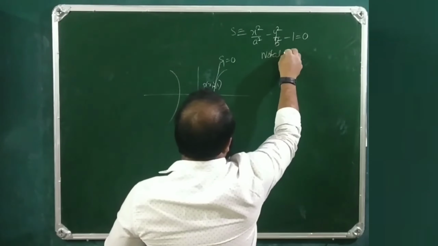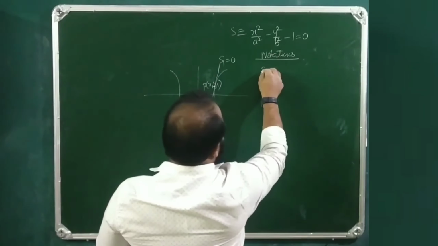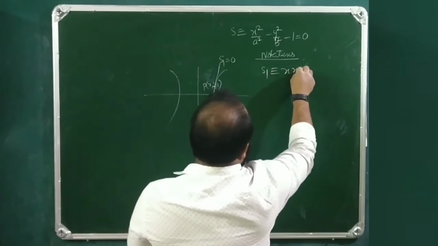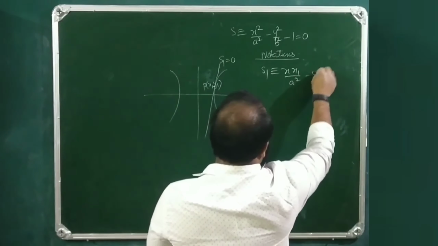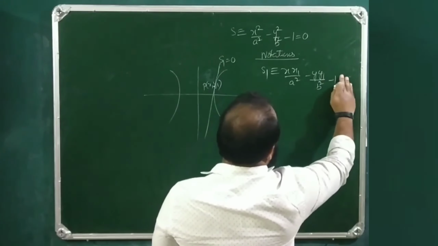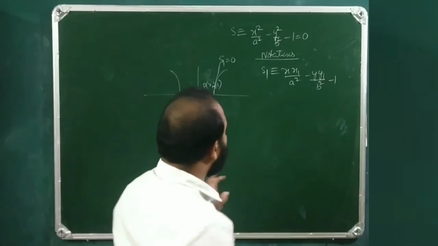The notations are also the same here. What is S1? xx1 by a square minus yy1 by b square minus 1 equals 0. So S1 is this.